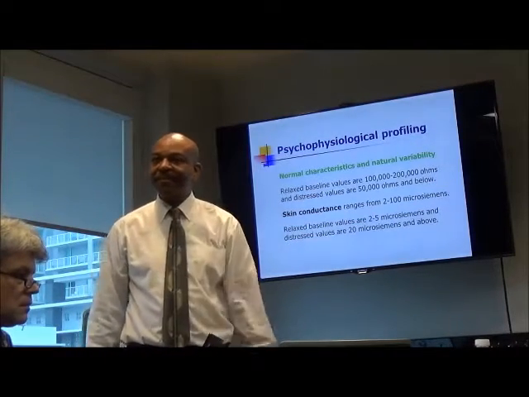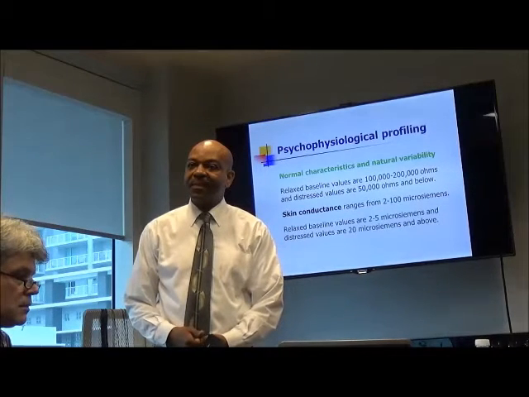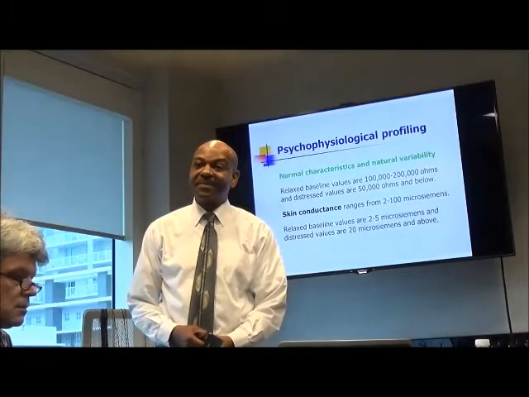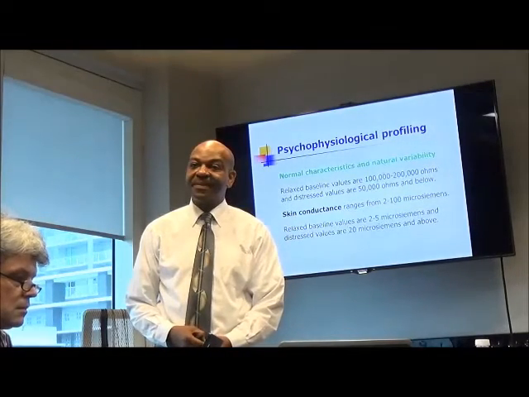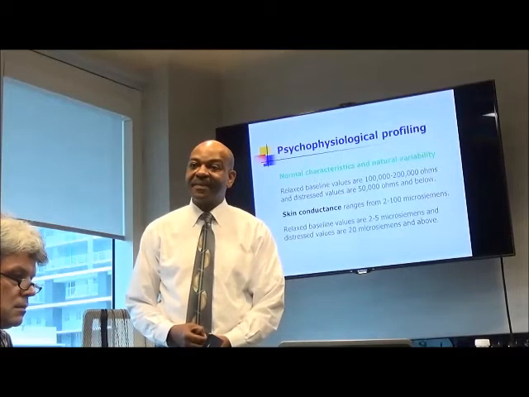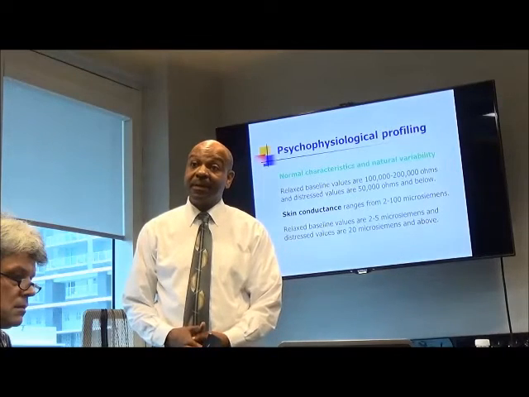In one case, I had a child with 170 microsiemens. Wow. This was because this child was living with his grandmother, who had Alzheimer's, and nobody in the family knew.